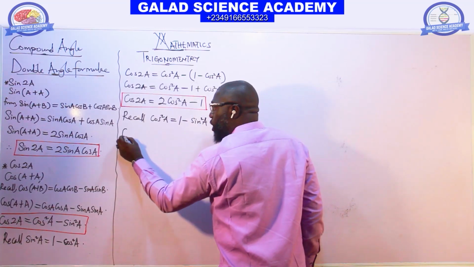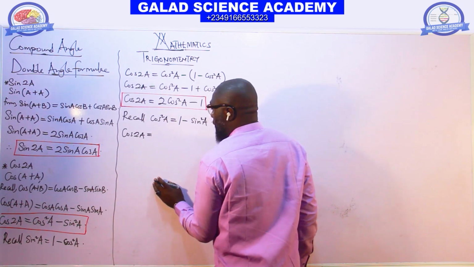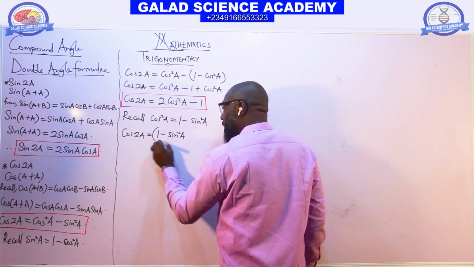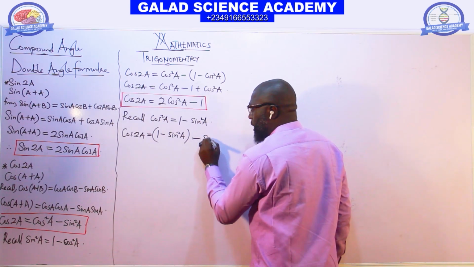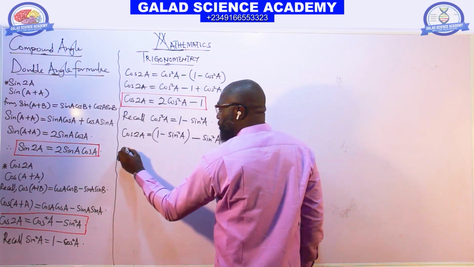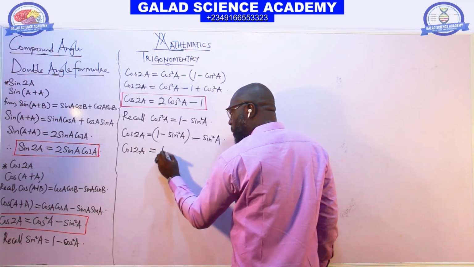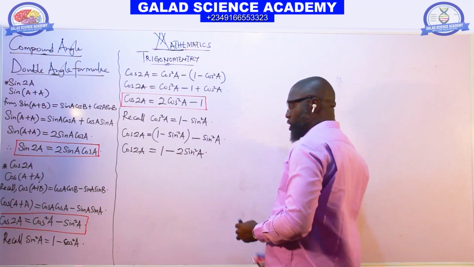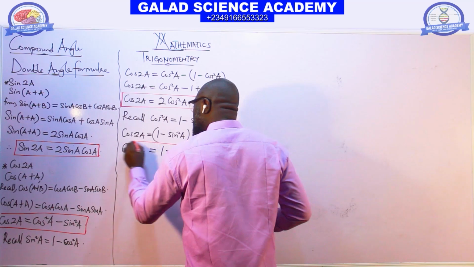You now have cos 2A equal to cos square A, which is 1 minus sine square A, minus sine square A. Put the bracket, we have cos 2A equal to 1 minus 2 sine square A. This is the third identity for cos 2A.